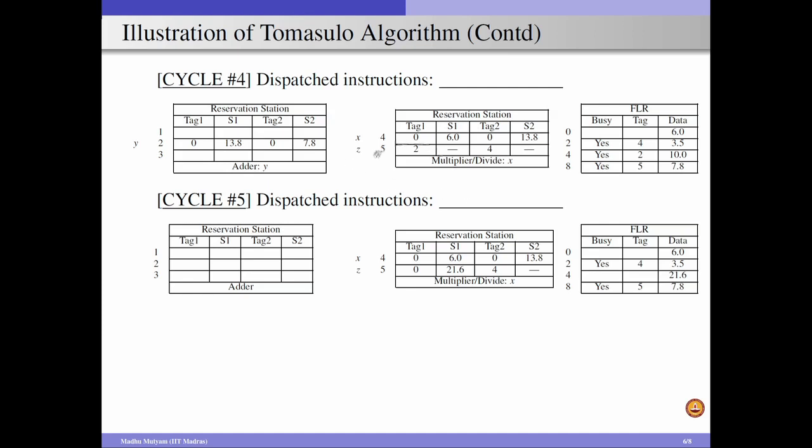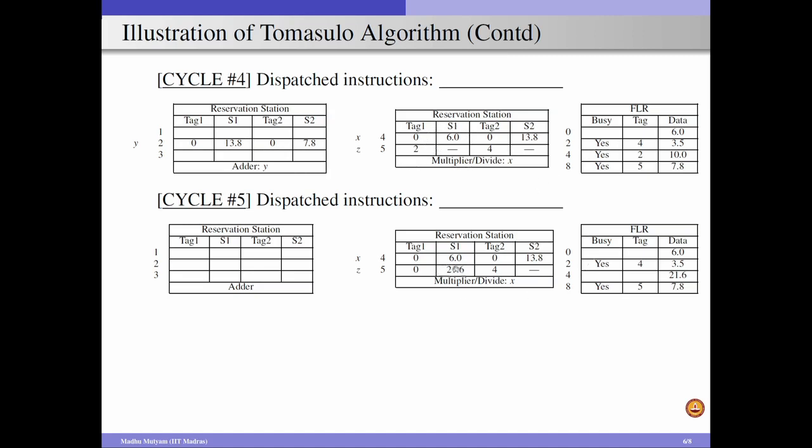Now we can clearly see here the first operand of this instruction Z is actually waiting for this value to be available, as well as register 4 in the register file is waiting for this value. So we forward this value, that is 21.6, to these 2 entries, and they will be updated.